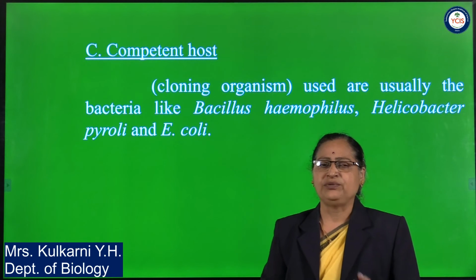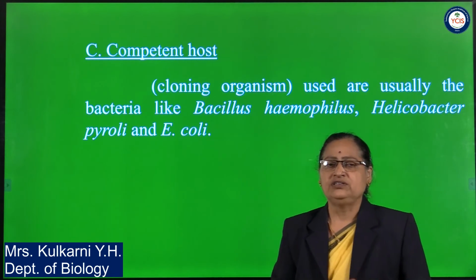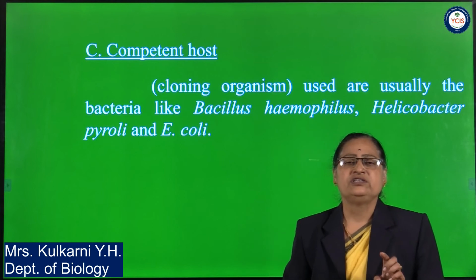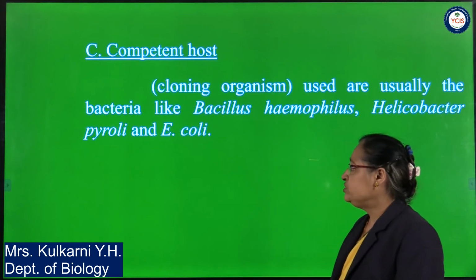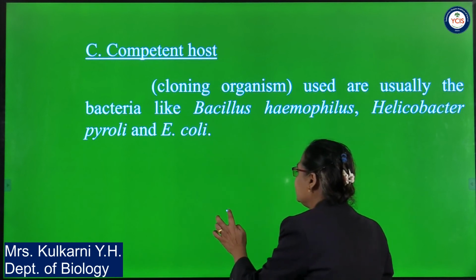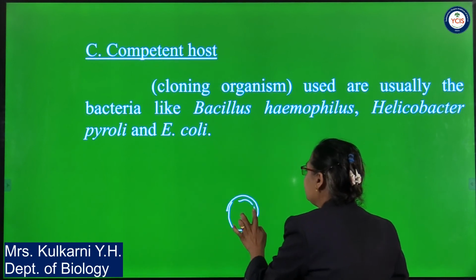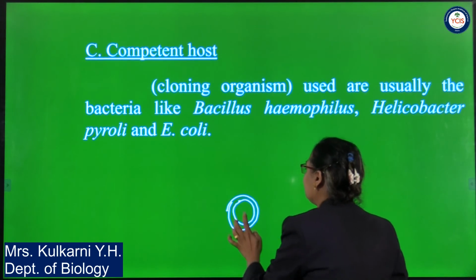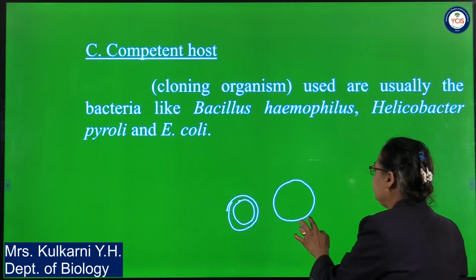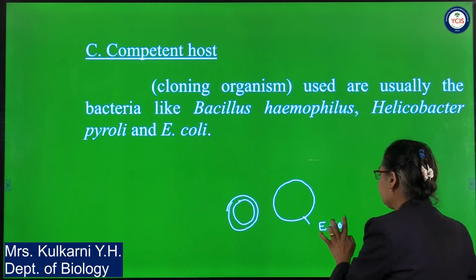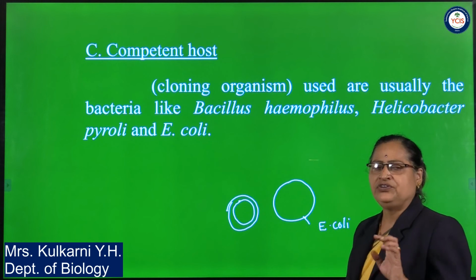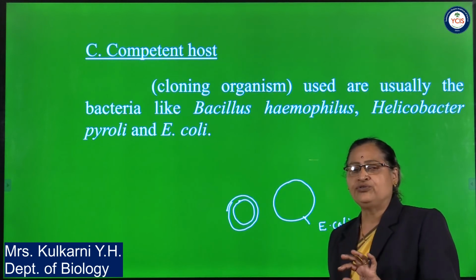So how can they prepare this cell? The bacterial cell's outer cell membrane is hydrophobic, while the inner cell membrane, if we see, this is the plasmid, but if we take this E. coli bacteria, its outer wall is hydrophobic, while if we see, this DNA is hydrophilic.